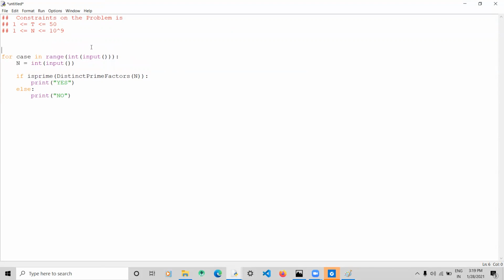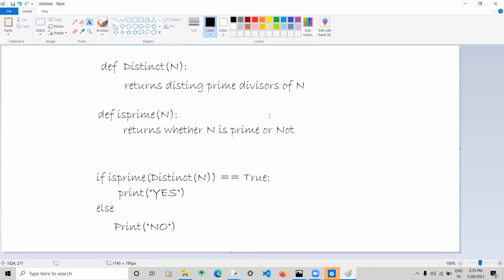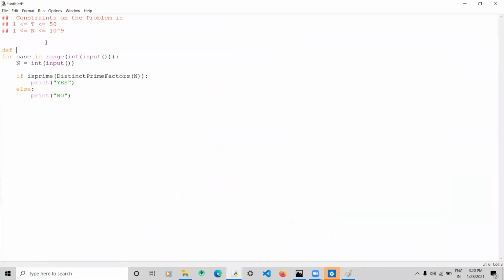Now we will use... let me finish writing code first.